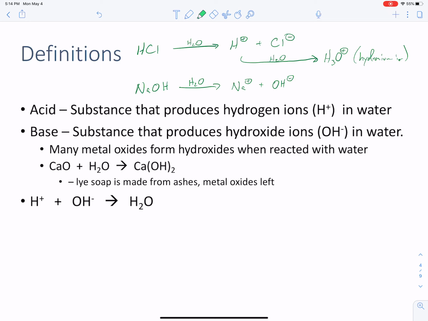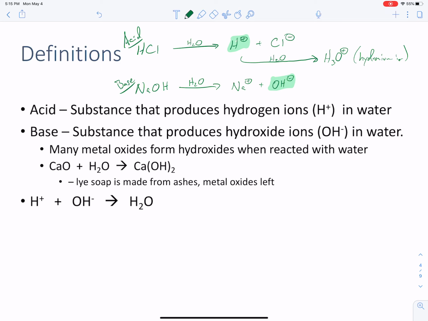Notice the base formed OH minus in water, the acid formed H plus in water. So, loosely speaking, this works. Many metal oxides also form hydroxides when reacted with water. So calcium oxide will produce calcium hydroxide.